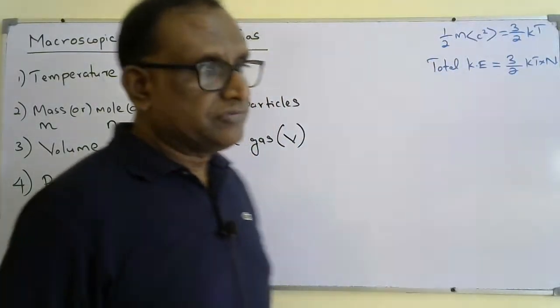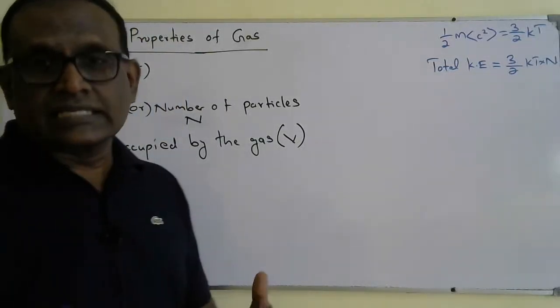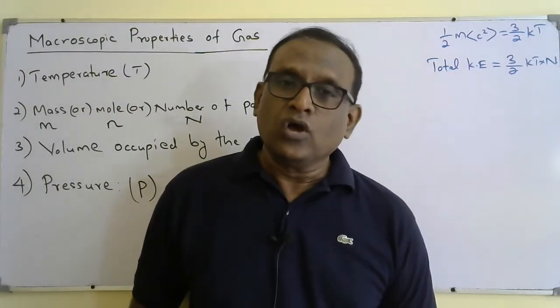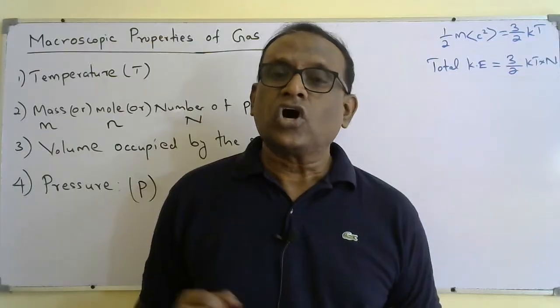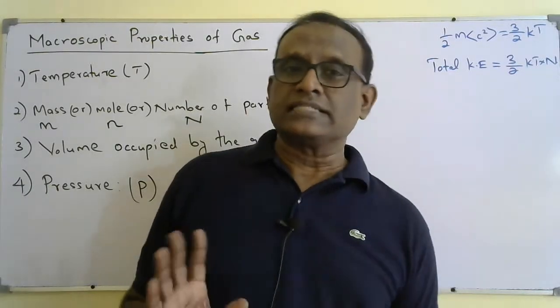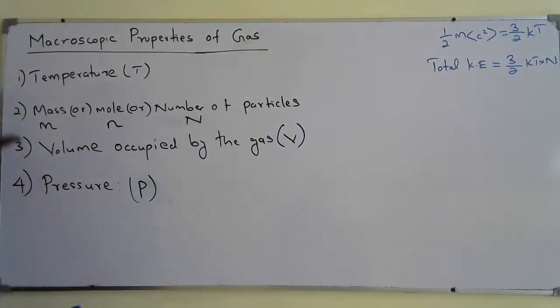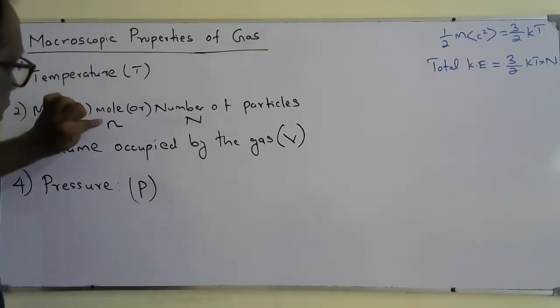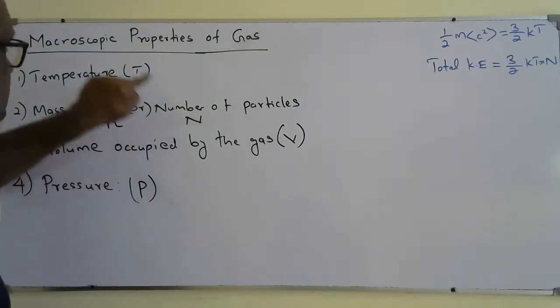For example, first we consider Boyle's law. Boyle's law means for a constant mass of gas at constant temperature. So we keep these two constant: mass of gas at constant temperature, or constant number of particles of gas at constant temperature.